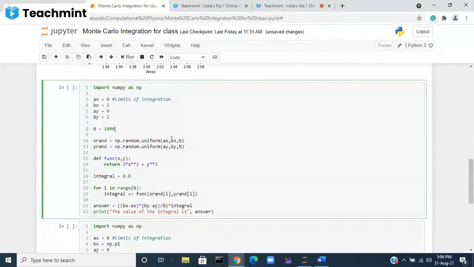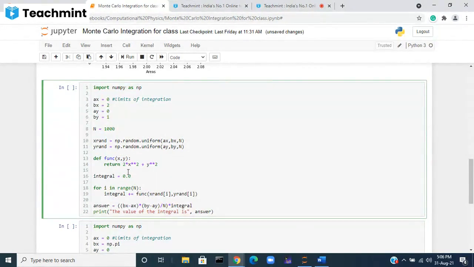So x is between 0 and 2, and 1,000 random points are generated and stored in the array x rand. Similarly, for y, from ay to by, you generate 1,000 random points and store this array in the variable y rand. So x rand is an array containing 1,000 points lying between 0 and 2, and y rand is an array containing random points lying between 0 and 1. So 1,000 x values, 1,000 y values.